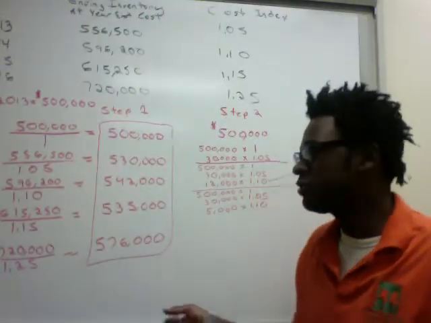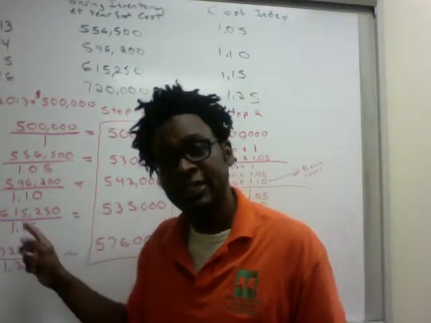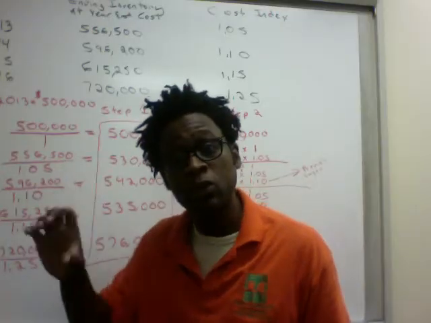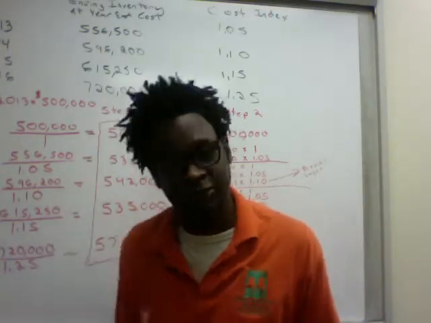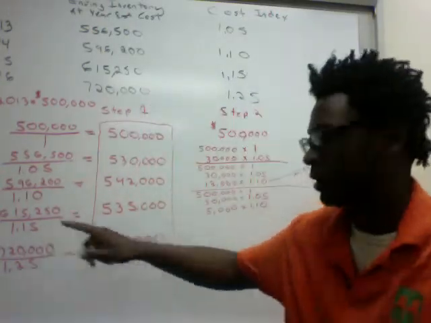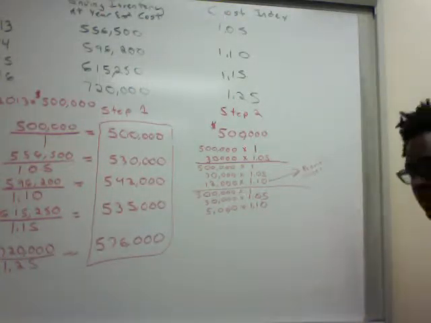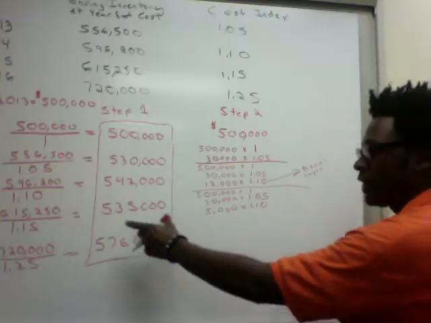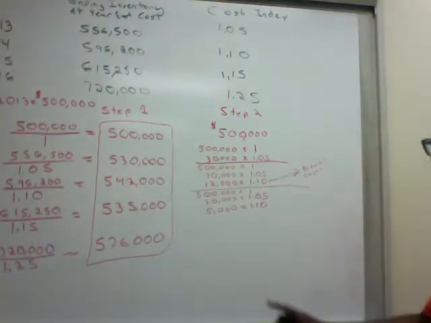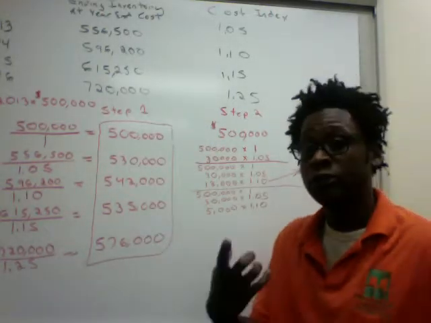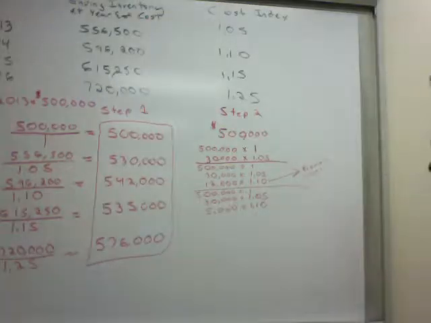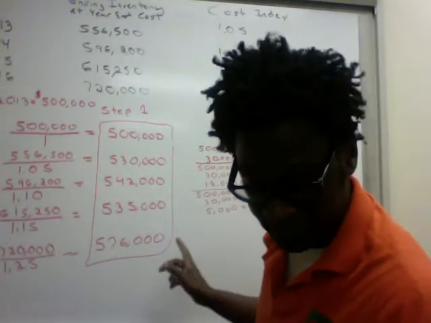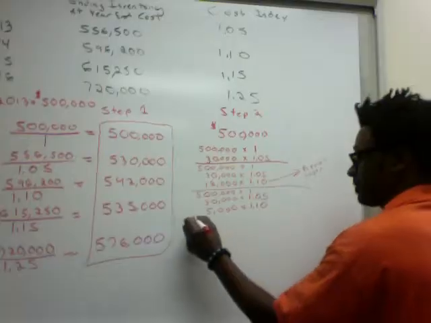And since you didn't use this year's index, or you didn't create a new layer because the value decreased, you ignore the index. This 1.15, we're going to ignore, because we didn't create a new layer. We had to take out from the previous layer due to that decrease in the value. Okay? So for this year, this is all we have.